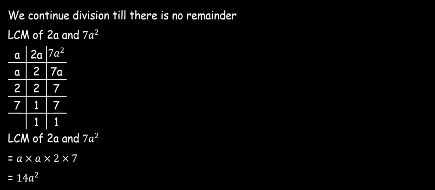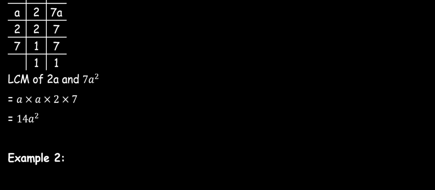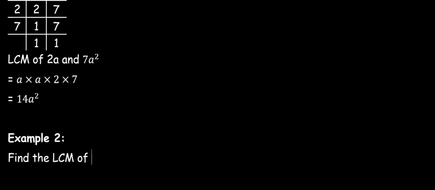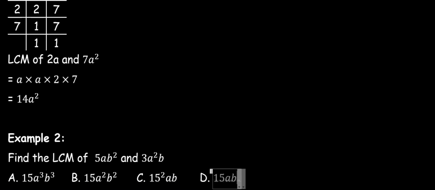Another example. Find the LCM of 5ab² and 3a²b. Options. A, 15a³b³. B, 15a²b². C, 15²ab. D, 15ab.